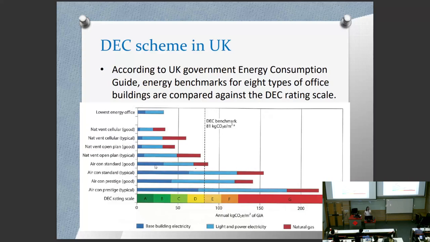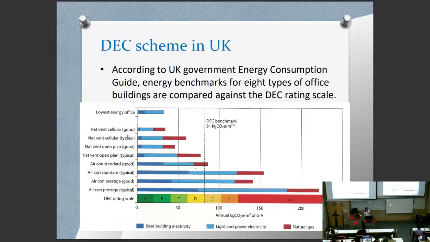So it is found that if your office uses air conditioning, then even if the performance is a good one, you will only get a rating of E, which is already the best. If you have air conditioning in your building, the best you will get is E, and probably you will get G, which is not a good rating.